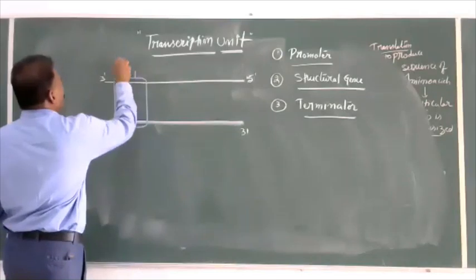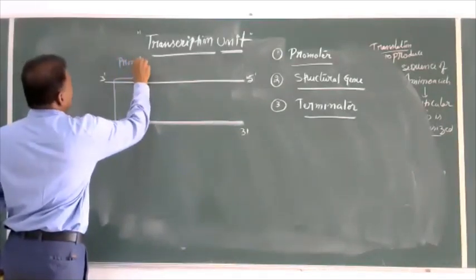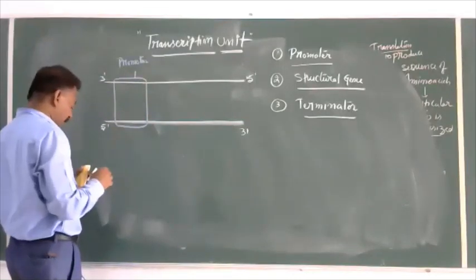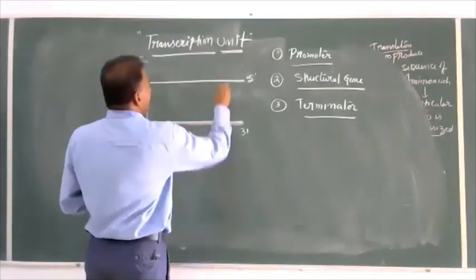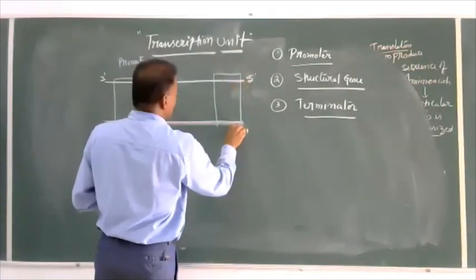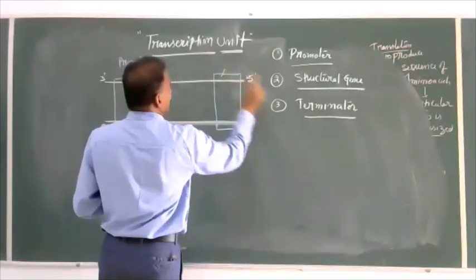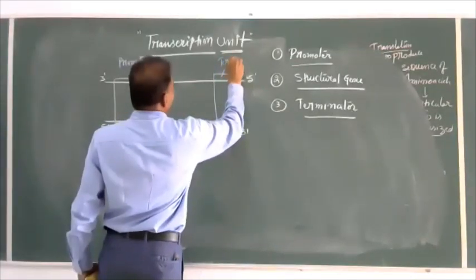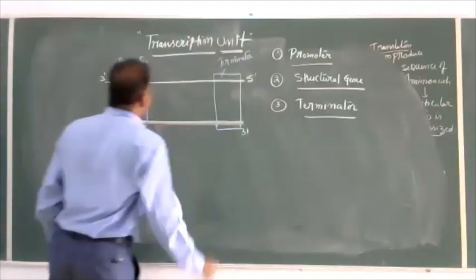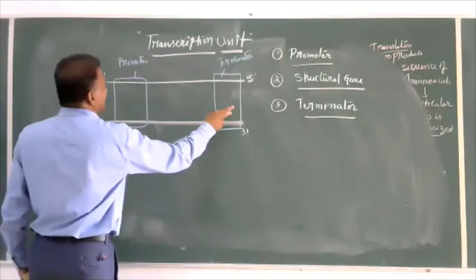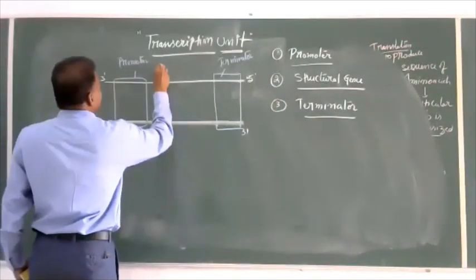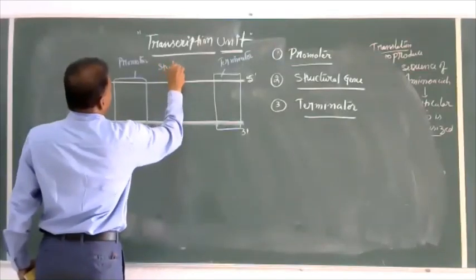This is called promoter. The DNA molecule. This is called terminator. In between these two, promoter and terminator, that is structural gene.